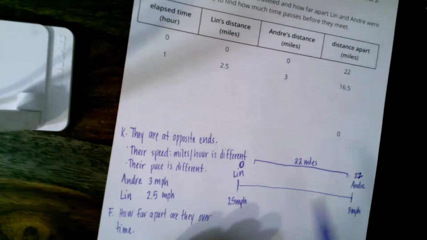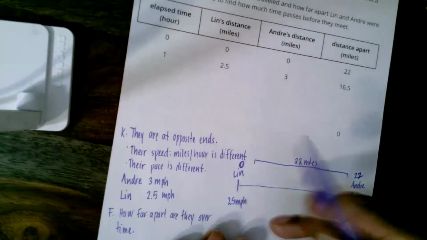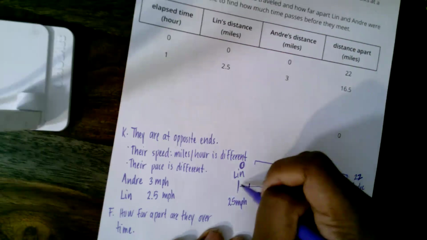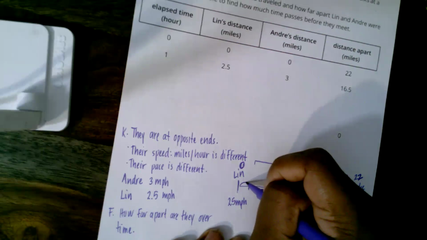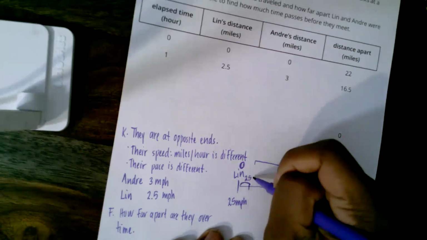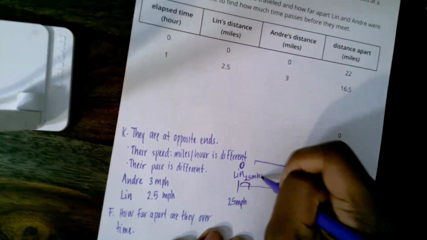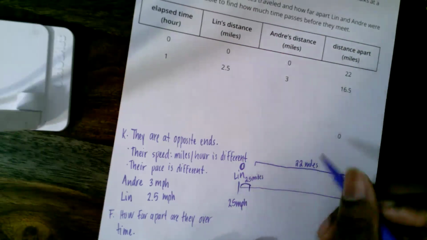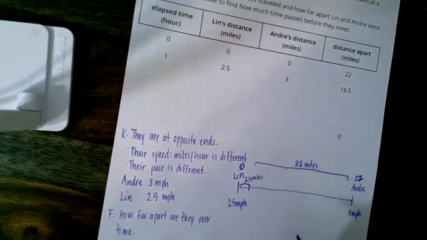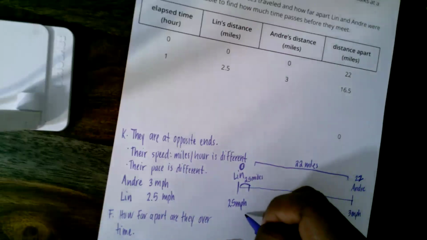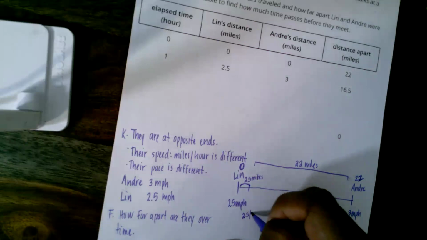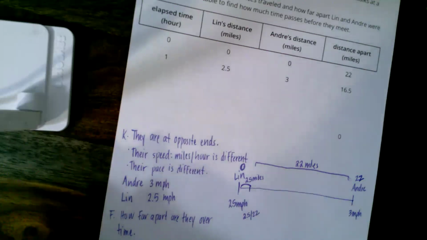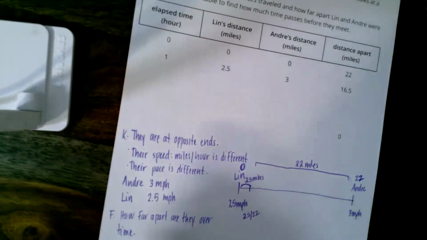So in 1 hour, Lynn covered 2.5 miles, and that puts Lynn at 2.5 out of 22. You understand? If it started at 0 out of 22, now she's at 2.5 out of 22. It's a little bit further.